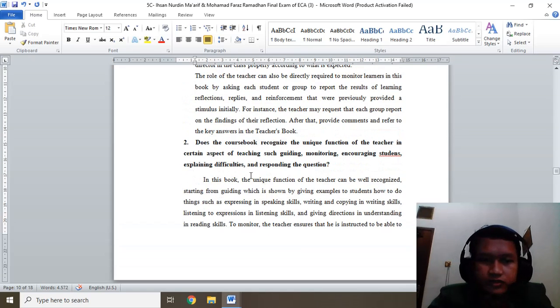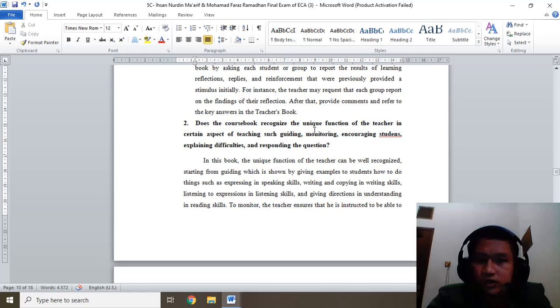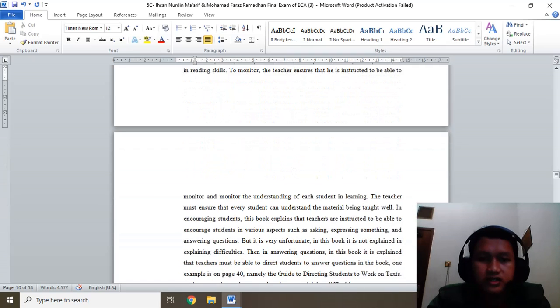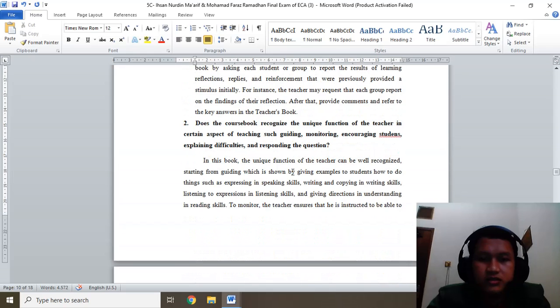And according to, does the coursebook recognize the unique function of the teacher in certain aspects of teaching, such as guiding, monitoring, and encouraging students, explaining difficulties, and responding to questions? It is yes, but explaining difficulties, I think it is not explained in this book. But after all, the answer is yes.